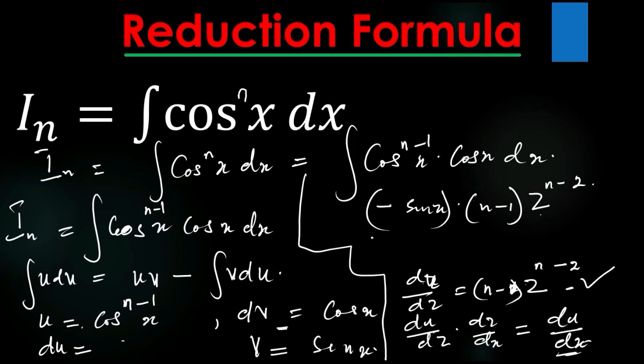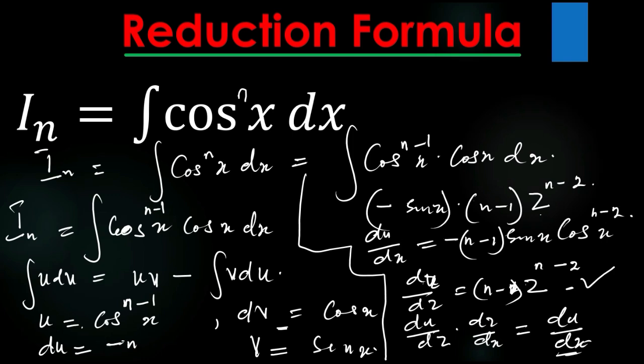So if I rearrange this, du/dx is the same as minus n minus 1 times sine x, and in place of z, I have cos x raised to power n minus 2. So I can write this as minus n minus 1 sine x cos x raised to power n minus 2.